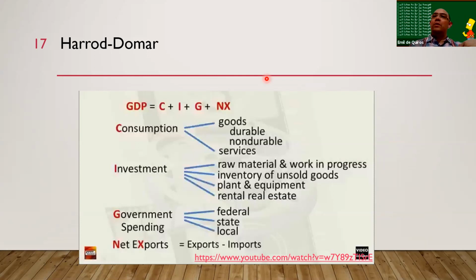Government spending is like consumption, but it's what government consumes, what government spends. So if government buys food, that's spending.